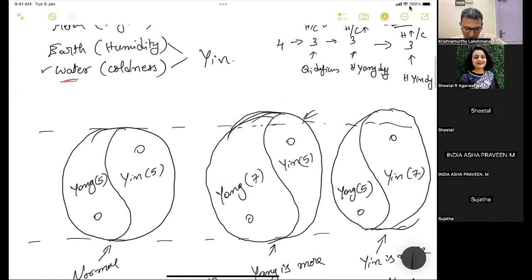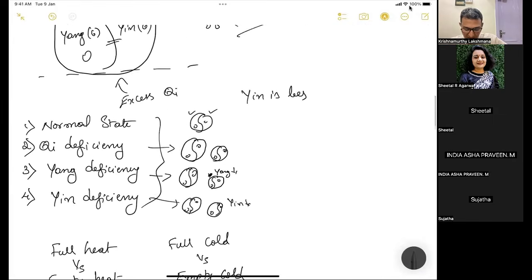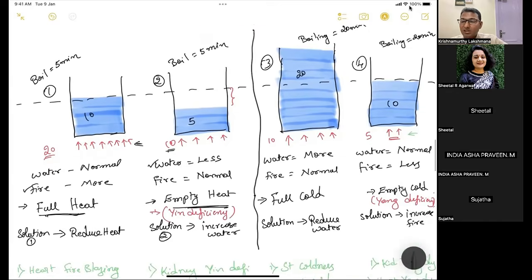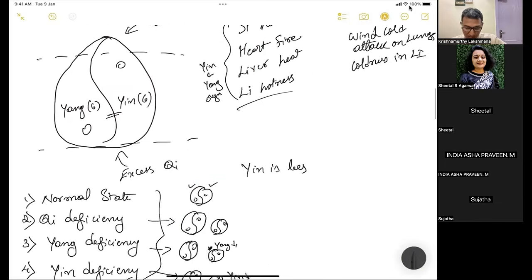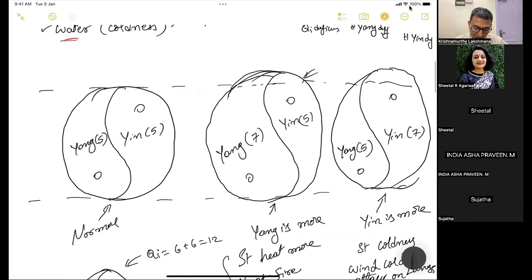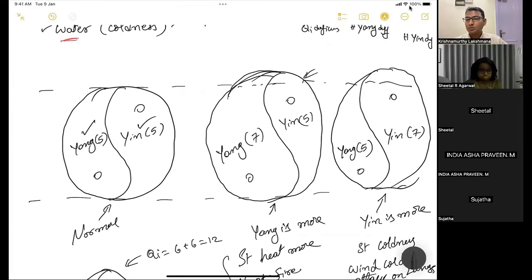Generally, we have either excess heat or excess cold. What I'm trying to say is either one of these will be more. This is more or this is more. Both being more is less likely.